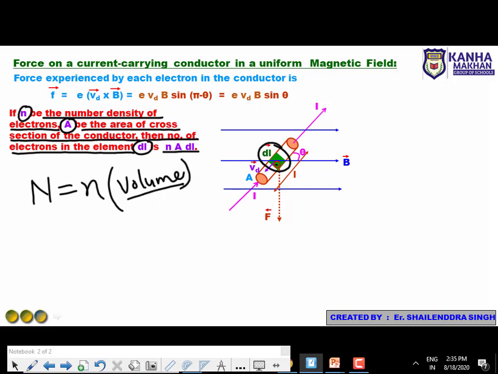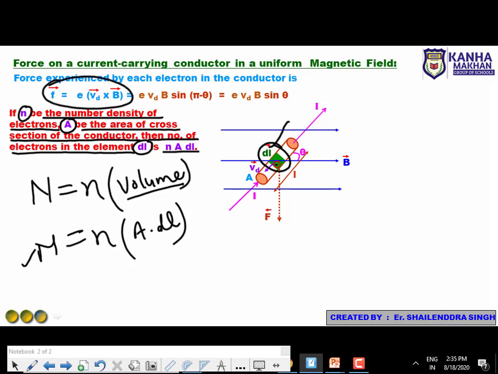The volume of the dl element is area multiplied by the length dl of the conductor. So that is the total number of electrons present inside that dl element, and one electron will experience a force of magnitude e Vd B sin theta.